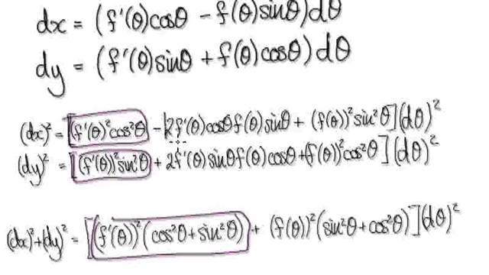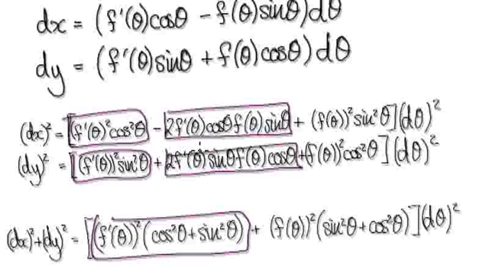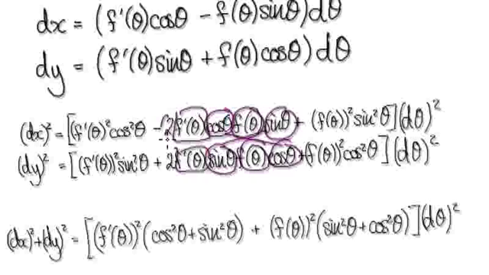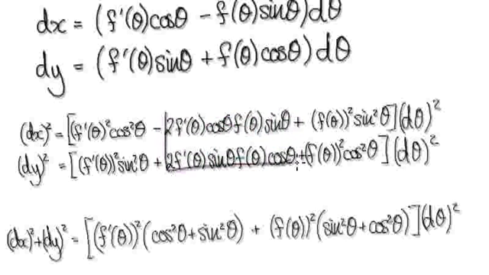And this here is exactly the same as this, since cos squared is cos squared, sine squared is sine squared, f theta and f prime theta. The only difference is a minus and a plus, so these two will cancel out.